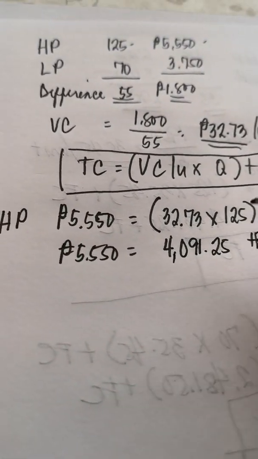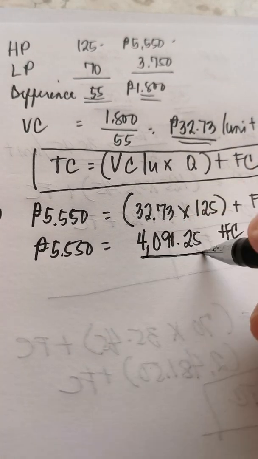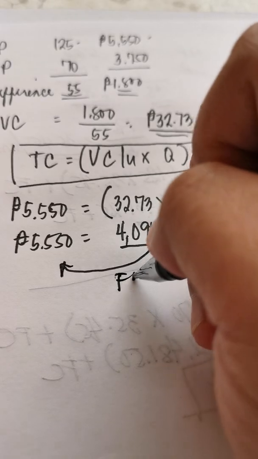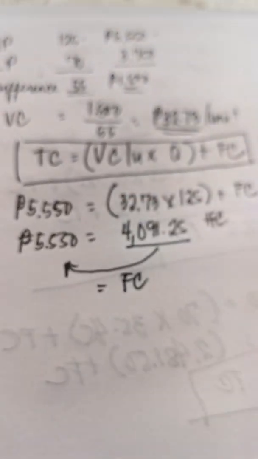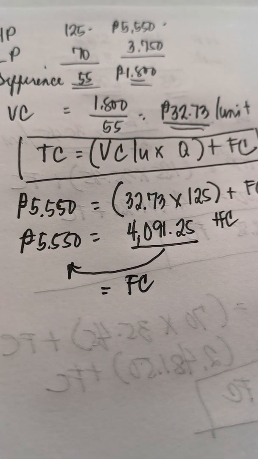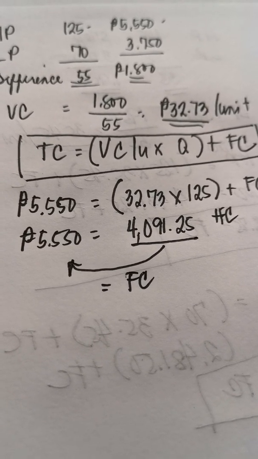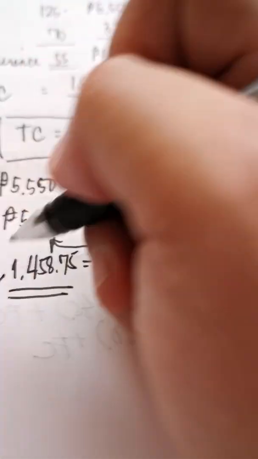We will transpose this 4,091.25 to the left, so we have 5,550 minus 4,091, and the answer is 1,458.75. So this is now your fixed cost.